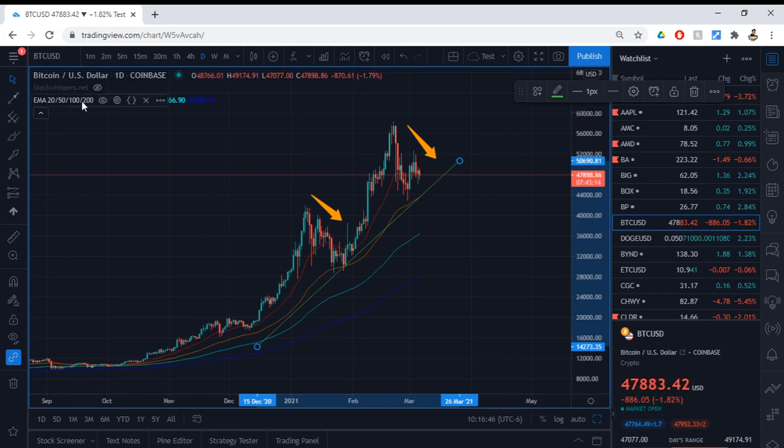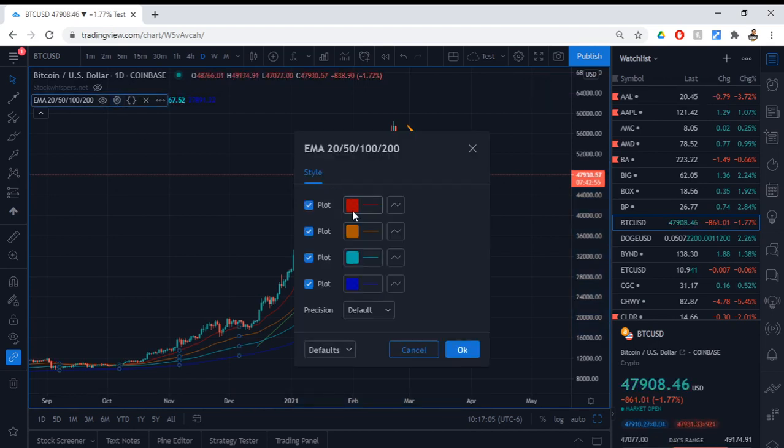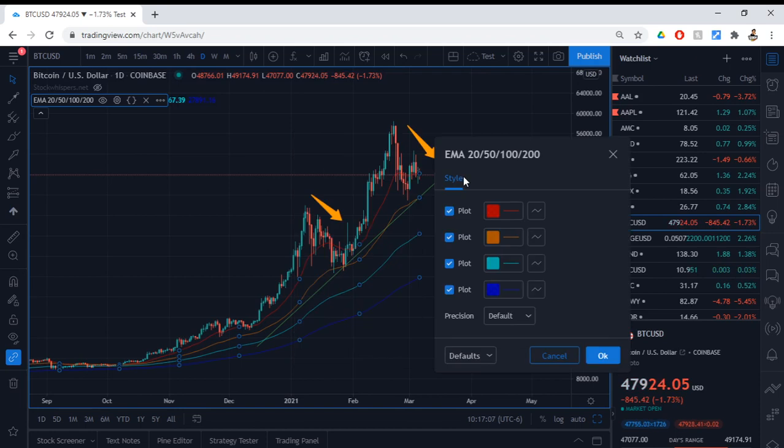Here what we have is the 20 EMA, the 50 EMA, the 100 EMA, and the 200 EMA all in one indicator. So you don't need to add three different EMAs onto your chart. You can just go here and edit this. Let's say we don't want the 100. Okay, there.